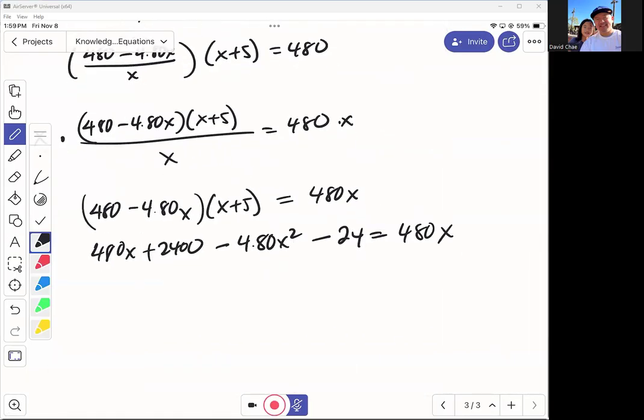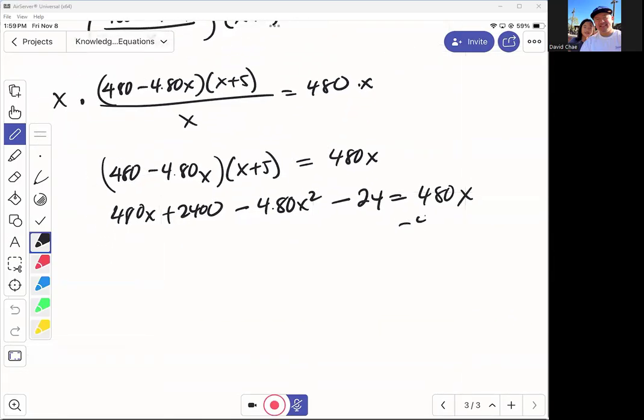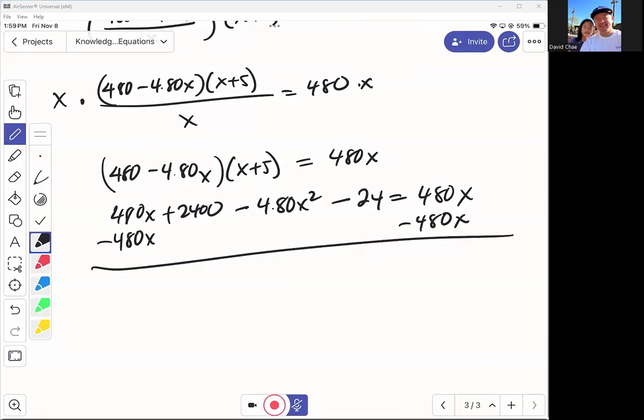And then I subtract the 480x from both sides, right? Give me a second. Did I do something wrong? It's 24. So it's 24x here. Okay.